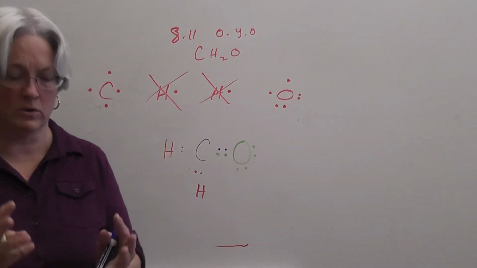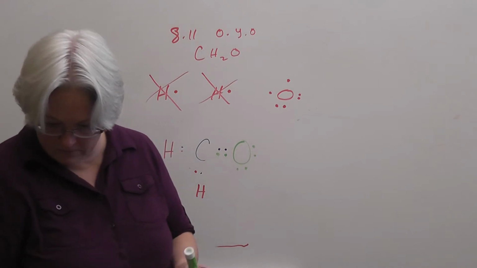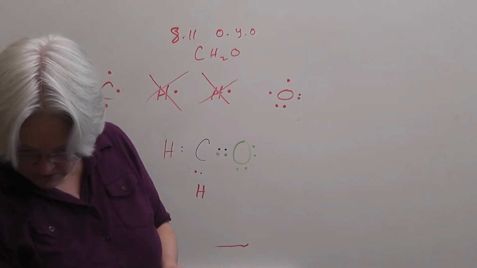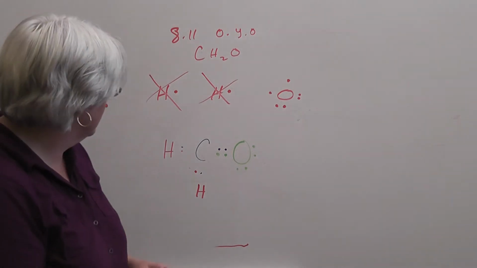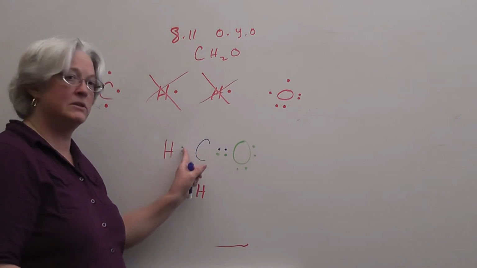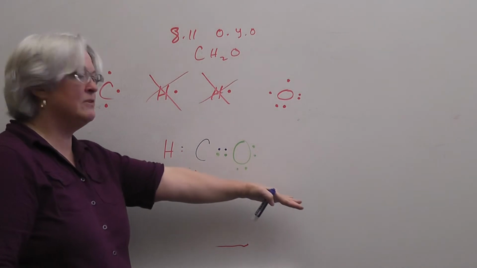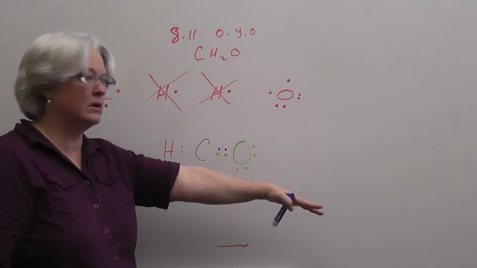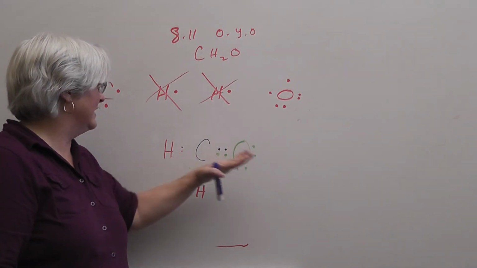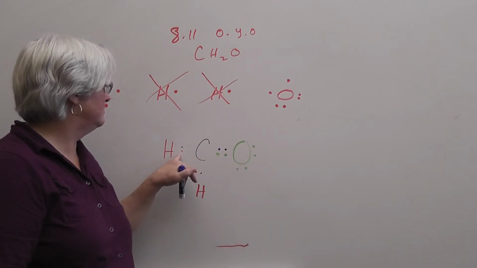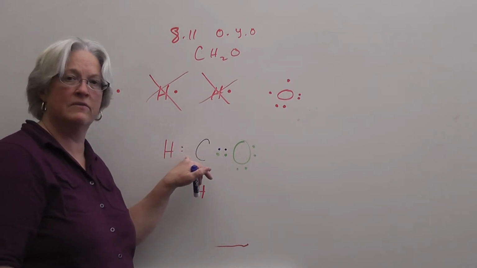Now what we need to do is look for these bonds. We're sharing these electrons right here. The hydrogen isn't giving one to the carbon, because if it gave it away, it wouldn't have enough. It has to have those 2 electrons.